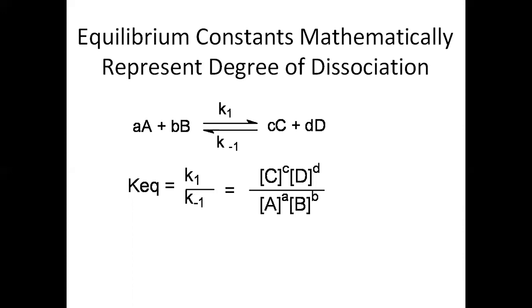To experimentally determine an equilibrium constant, what we would do is mix together 1.0 molar of each reactant and 1.0 molar of each product, allow them to react at 25 degrees Celsius, and then measure the final concentration of each product and reactant after equilibrium is reached.